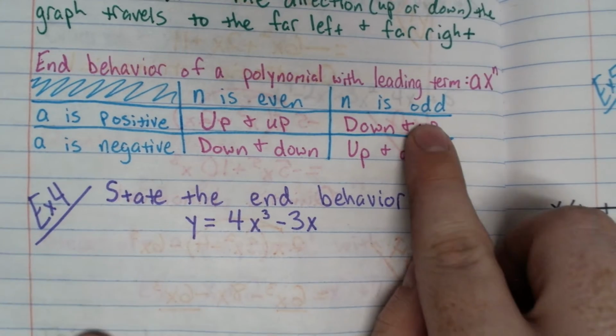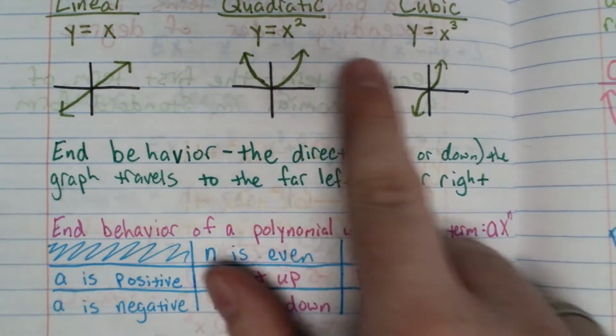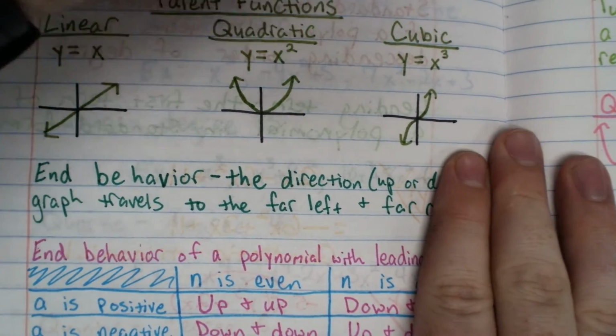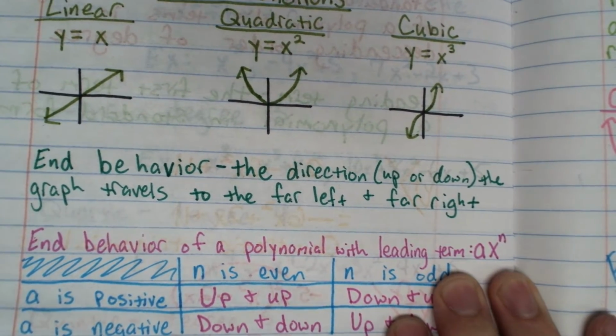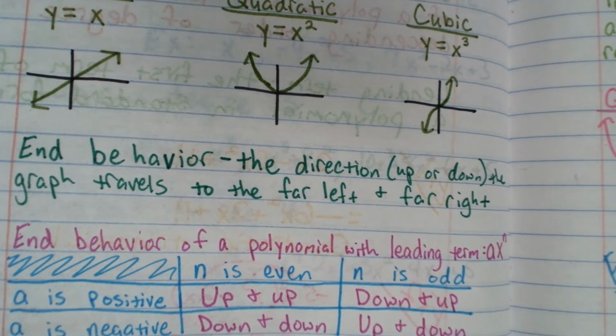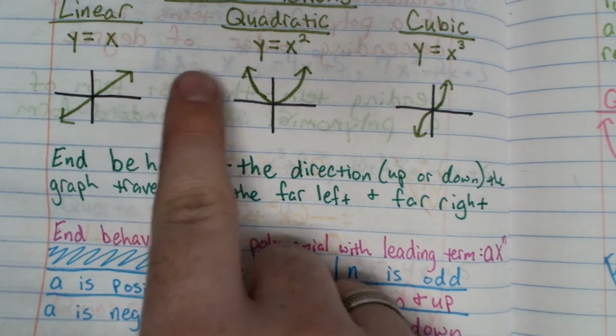Now, when the exponent is an odd number, whether that be a linear or a cubic, or if we keep going into higher odd numbers like the quintics to the fifth power, those go in opposite directions. So again, if a is positive, we go down to the left and up to the right.